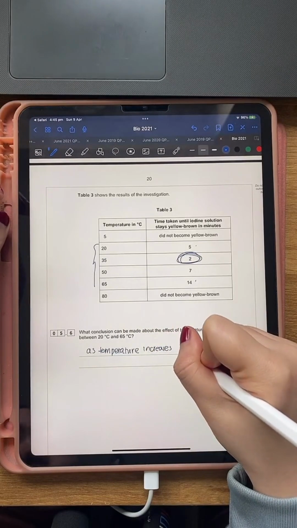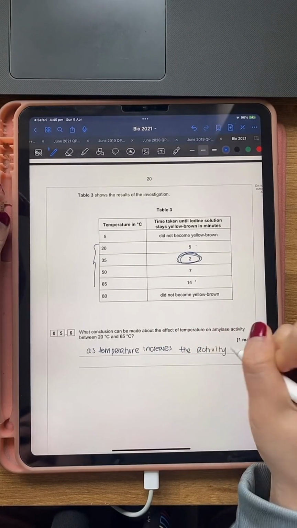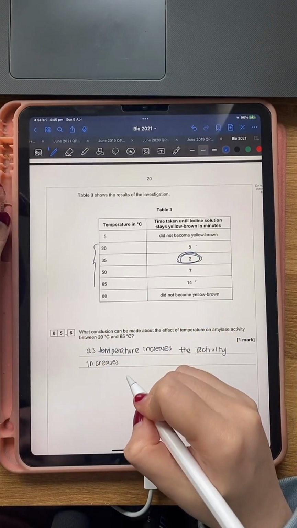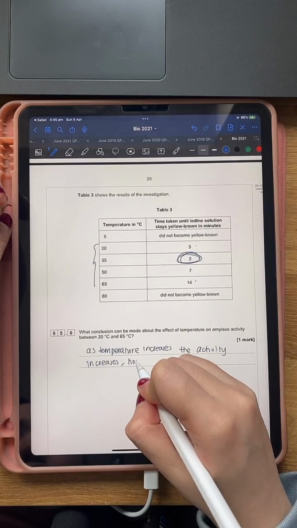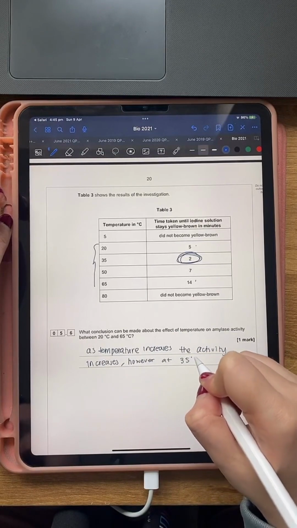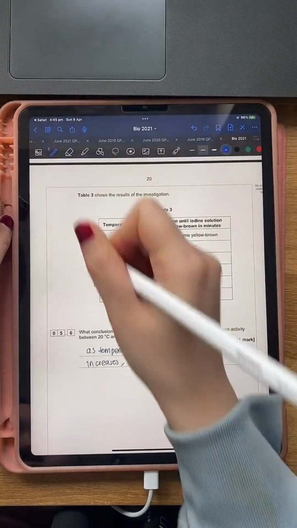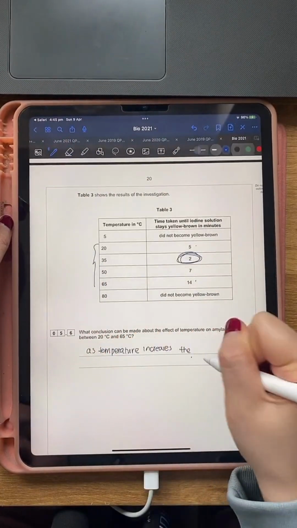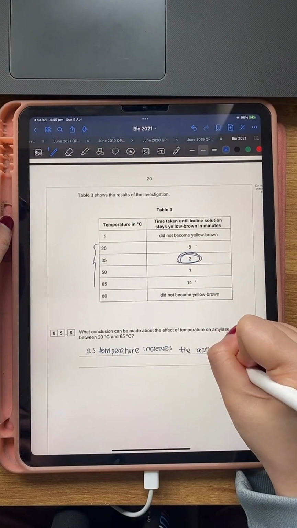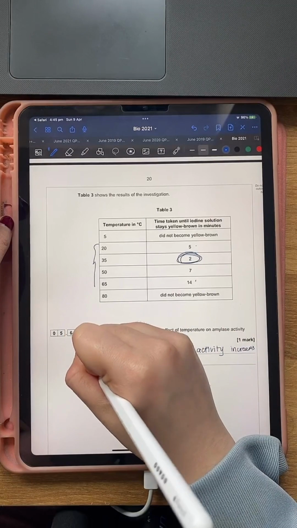However, at 35 degrees Celsius, the activity increases up to 35 degrees Celsius. How do I know that? Because it's getting faster. When the time is smaller, that means the activity is higher. That's your optimum temperature there.